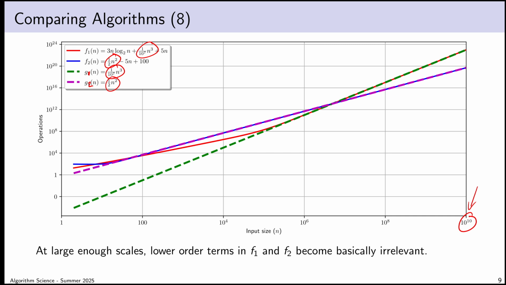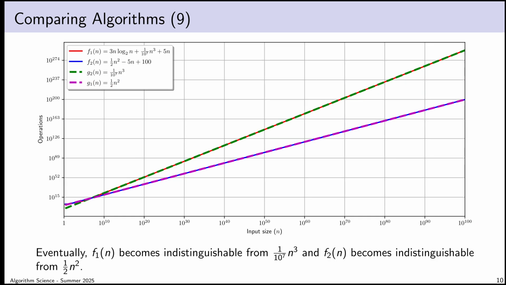Even at this scale, the dotted green line, that would be G1, the n cubed term, and the line for F1 end up basically looking identical. They blend together. Whereas here, the line for F2 and the dotted purple line settle in and also look identical, even though the dotted lines only encapsulate some of the terms of F1 and F2.